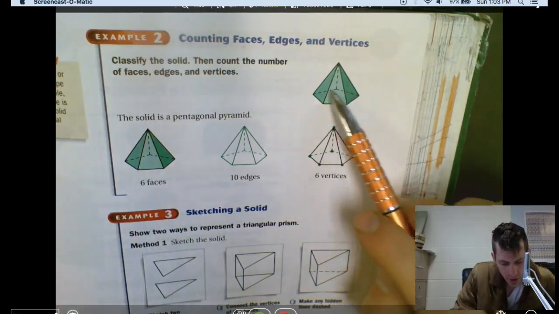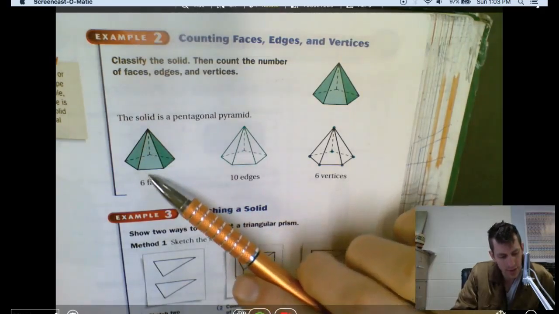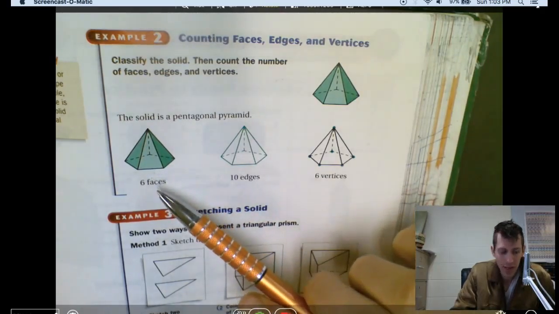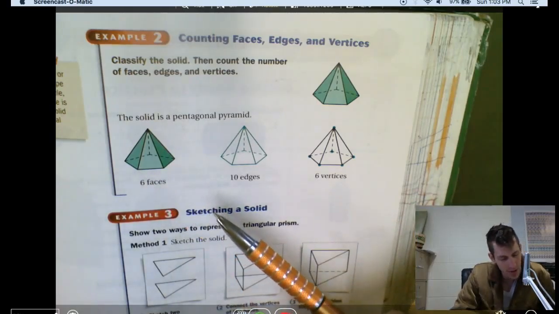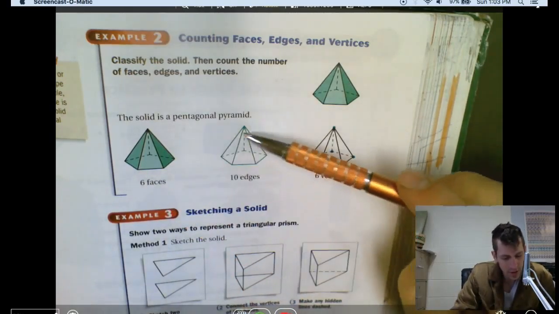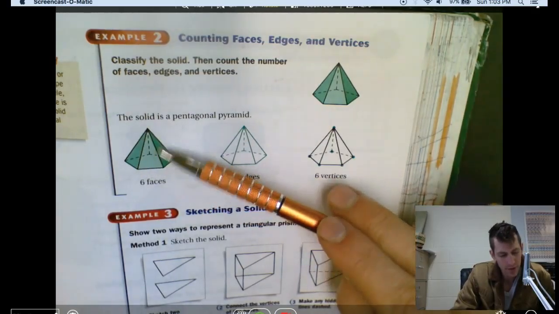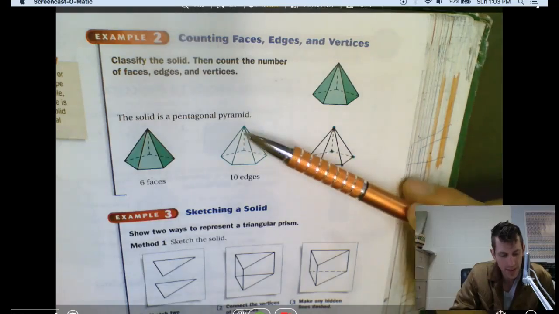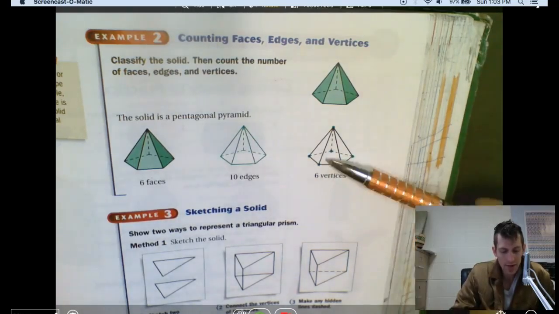It looks like a pentagonal pyramid. Has 6 faces because it includes the bottom. Don't forget that bottom, guys. It's not just the sides, it's the tops and the bottoms. So 5 around the sides, 1 on the bottom, 6 faces. 10 edges, got to visualize those ones behind, and 6 vertices.